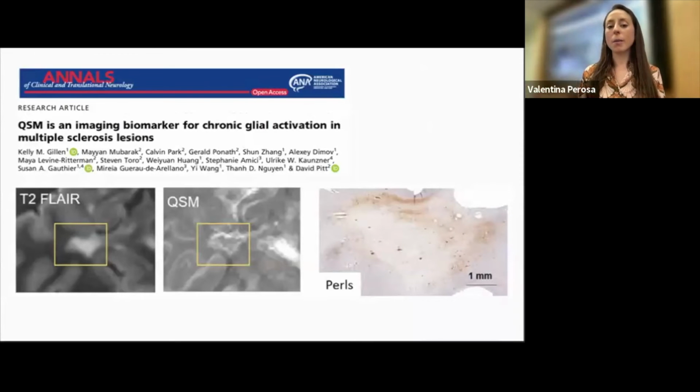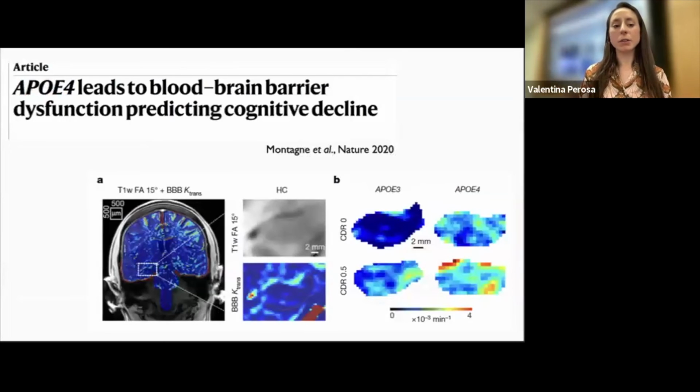And they found that the QSM susceptibility artifacts were related to iron-enriched microglia around white matter hyperintensities. And this was in MS patients. And then last but not least, blood-brain barrier leakage, especially in the medial temporal lobe, has been evoked as a very important marker of disease in Alzheimer's disease, even though some of this evidence has been disputed.